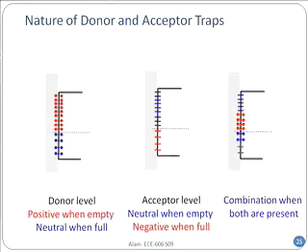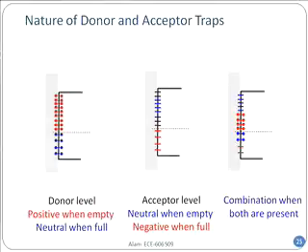What about the ones above, the red dumbbell shaped ones? Those are above the Fermi level, where the Fermi function is typically 0. Therefore, they are empty. And if the donors are empty, then they are positively charged.